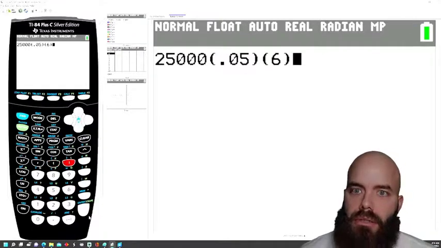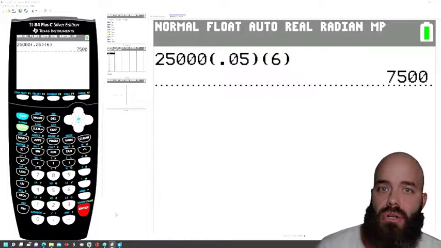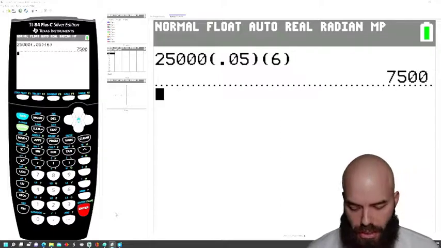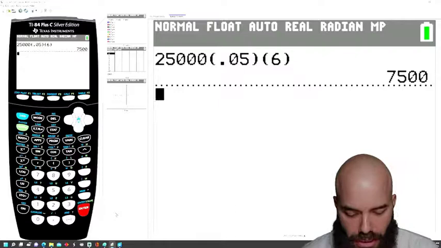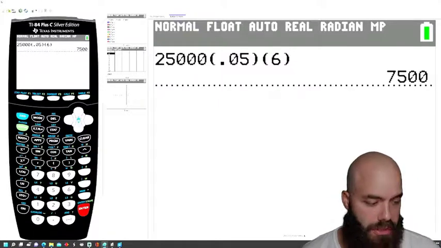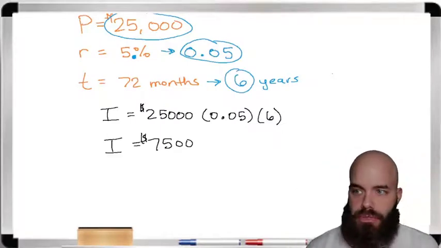Wow. So the amount of interest that we're going to be charged is $7,500. Okay, $7,500 in interest. So just to take out this loan to buy this car, our interest is going to be $7,500. All right, that's the simple interest.